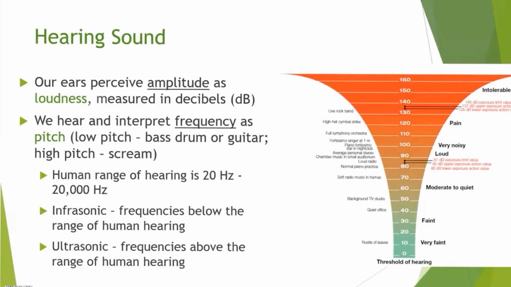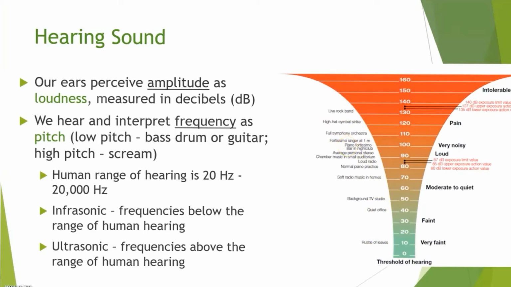There are a few special terms used for sound waves. The amplitude of sound is commonly known as loudness. So the higher the amplitude, the louder the sound. This is measured in decibels. And this on the right shows you some of the decibel values for common things that are around us every day.